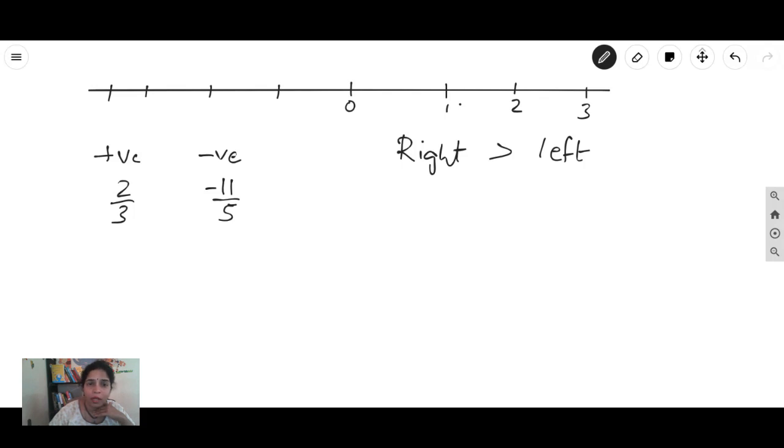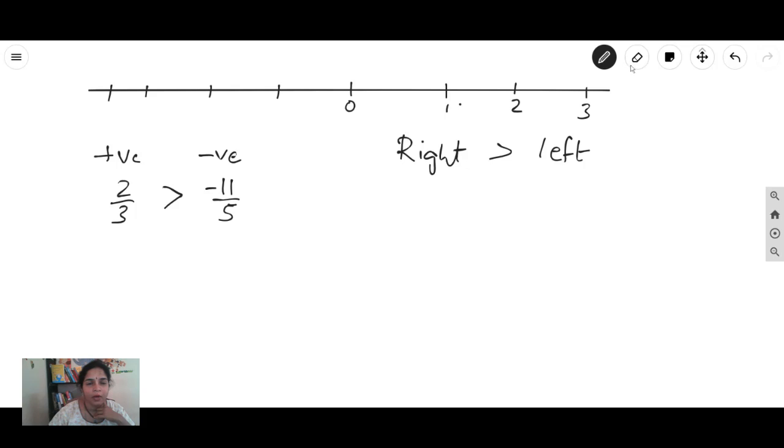So minus 11 over 5 is going to be far left compared to this number. The number on the right side of zero, a positive rational number, will be greater than the negative rational number. As simple as that. You don't have to do anything more than that to compare a positive and a negative rational number.